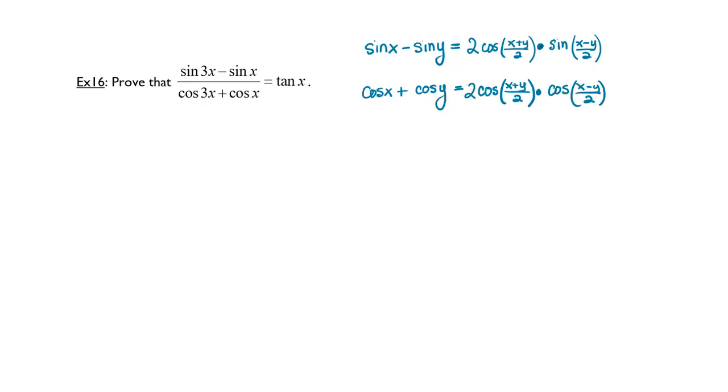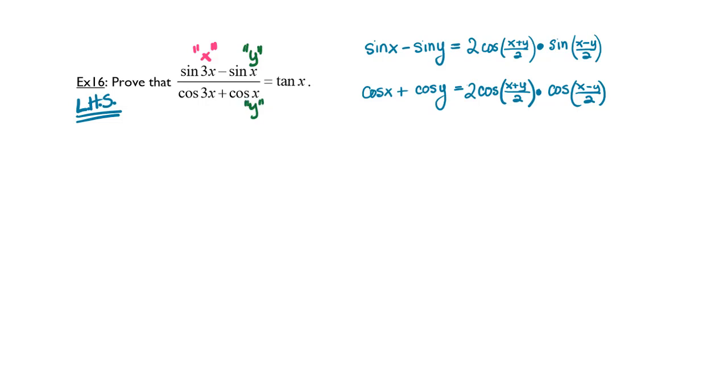With these two formulas, I can now work with the left-hand side of this identity that we need to prove. Now this left-hand side is the only side I'm touching. I'm leaving tangent of x alone. I'm also going to define the 3x as my x and the x as my y.